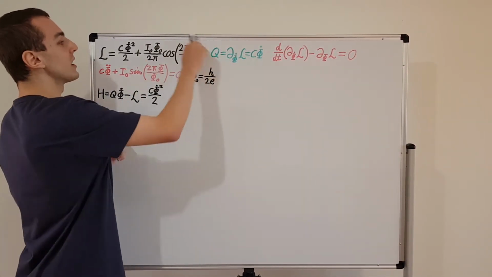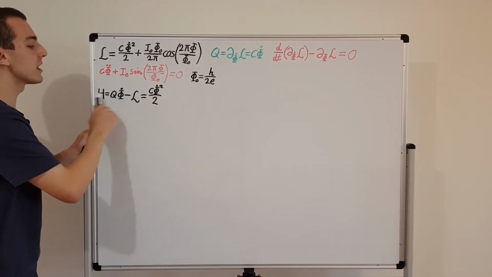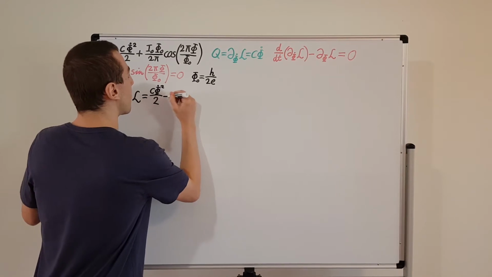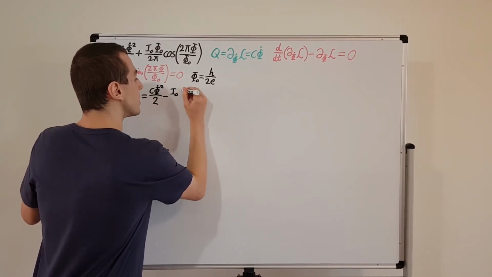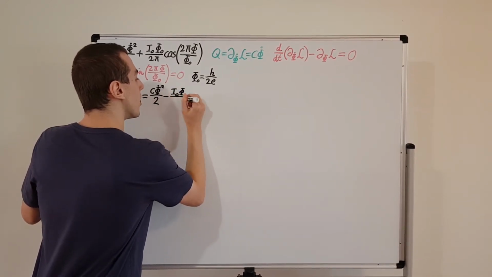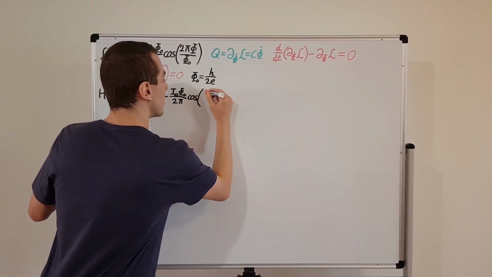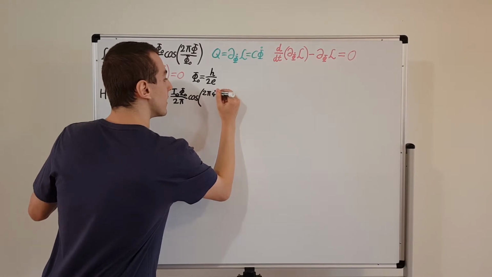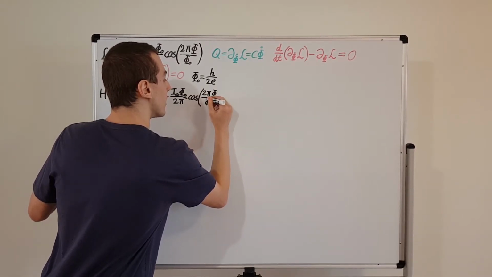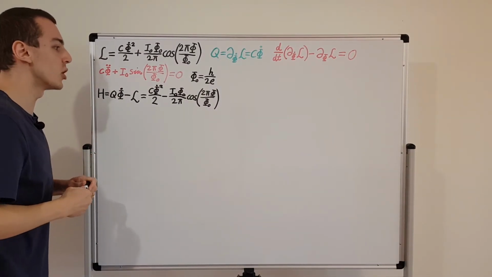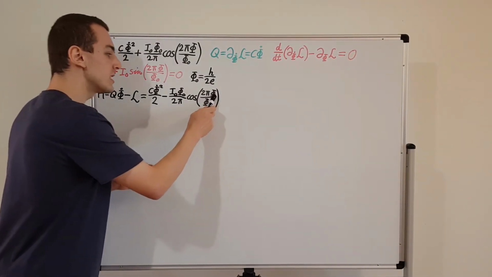But this term over here is going to get subtracted. We're subtracting the Lagrangian off. So this plus is going to turn to a minus. So we're going to have minus I naught phi naught over 2 pi times cosine of 2 pi phi over phi naught. So this is the Hamiltonian written in terms of the coordinate and the velocity.